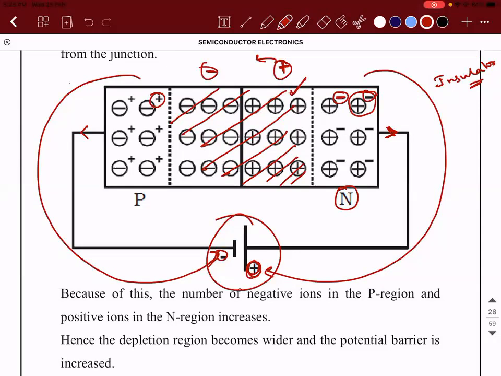In simple terms, they are connected in such a way that they support each other. As a result, when the electrons are moving this side and the holes are moving to the left-hand side, there is no opposition taking place for the depletion region. So what will it try to do? It will naturally try to expand its region. Okay, it will try to expand itself.